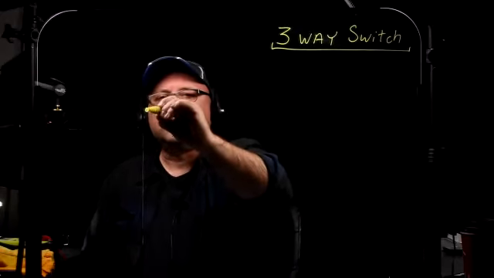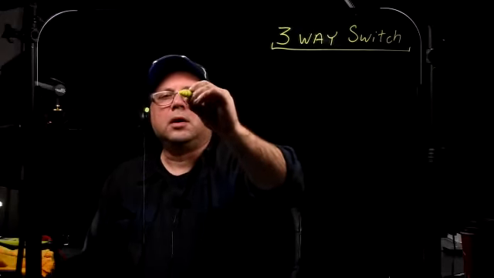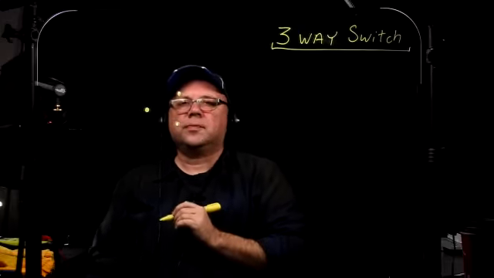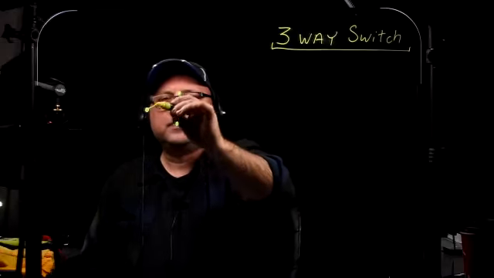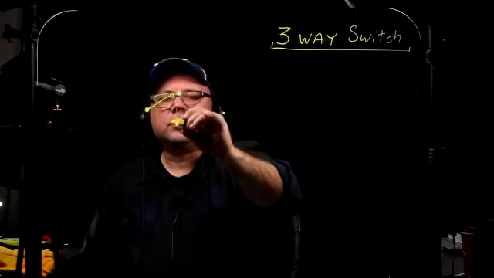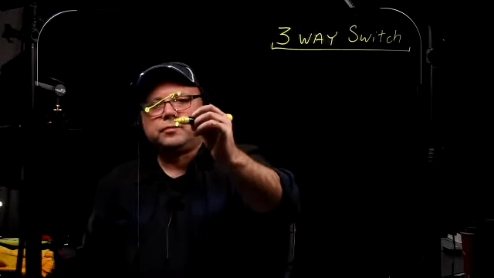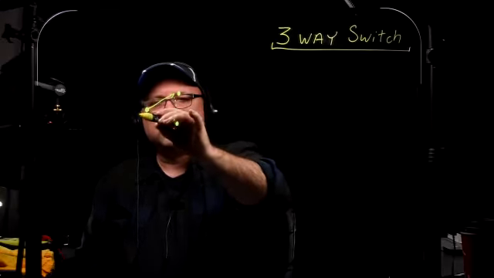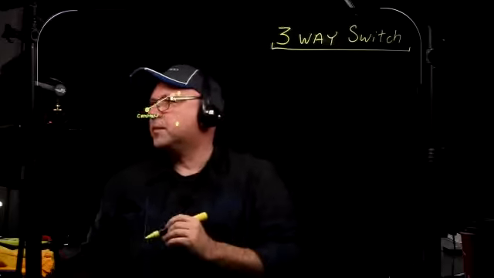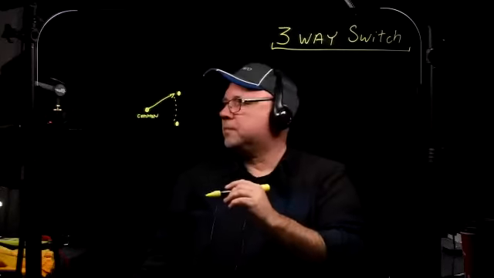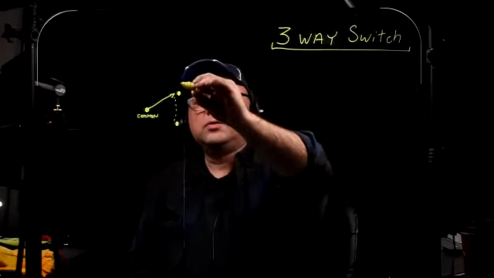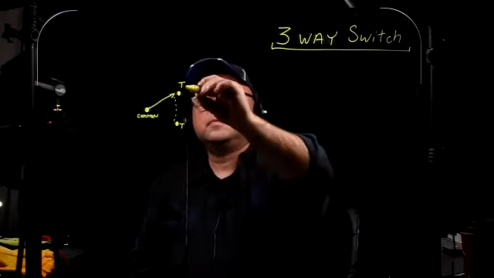There is a common terminal here, and there are two other terminals, and there is a pole here that travels and makes a connection with either of those two points. This point here is called the common. That's the common terminal. And these two terminals here are called travelers.